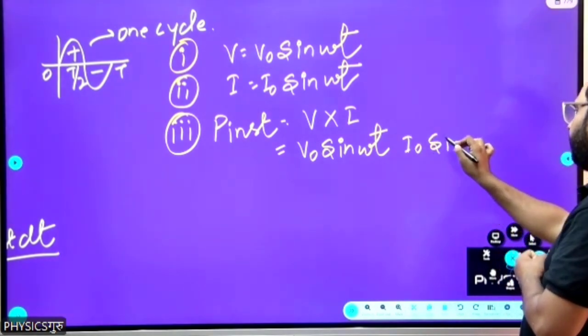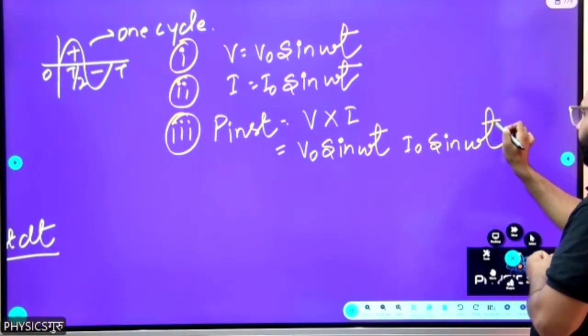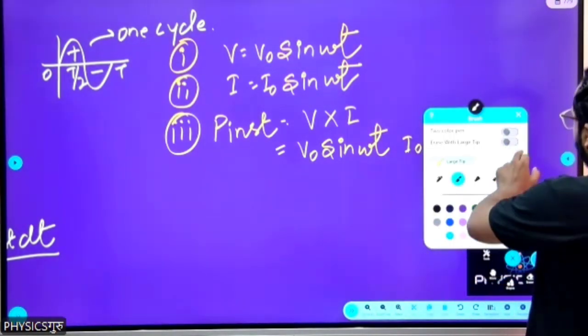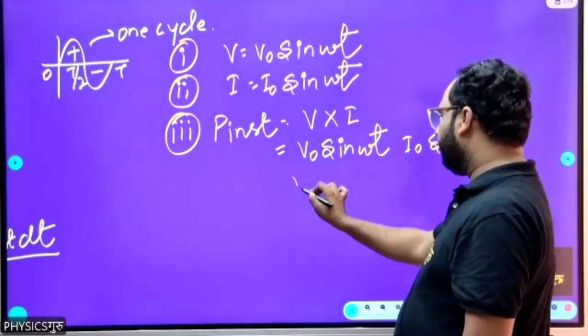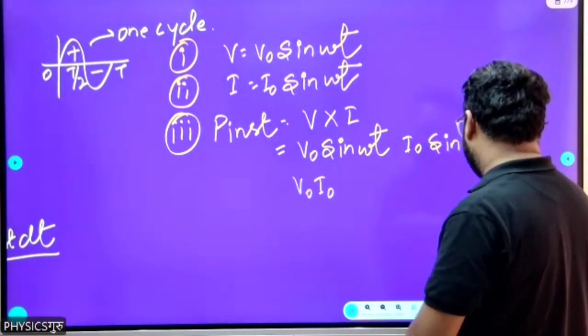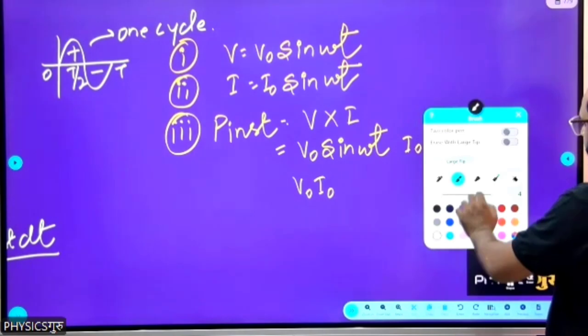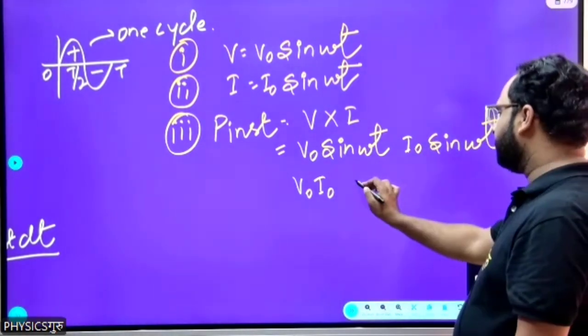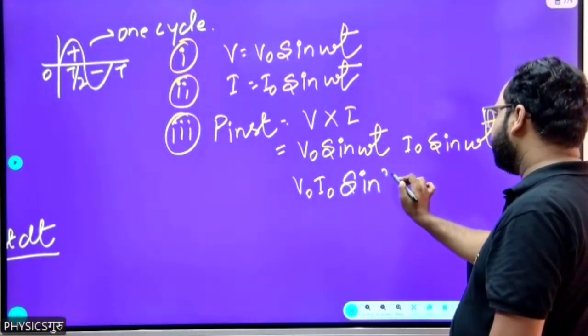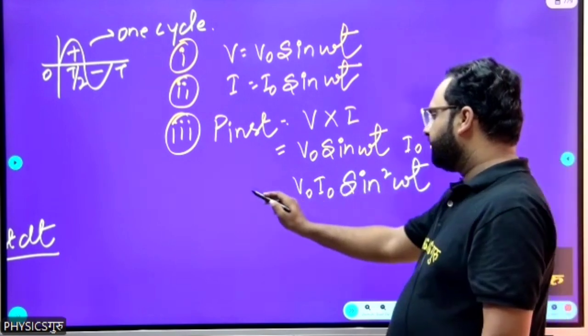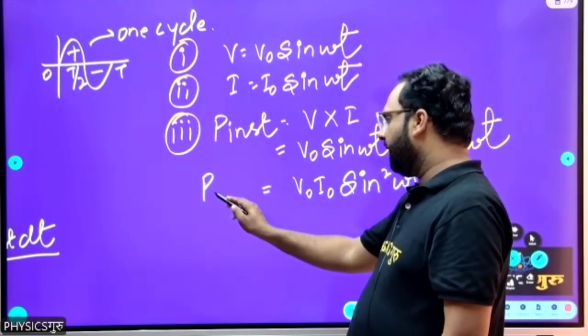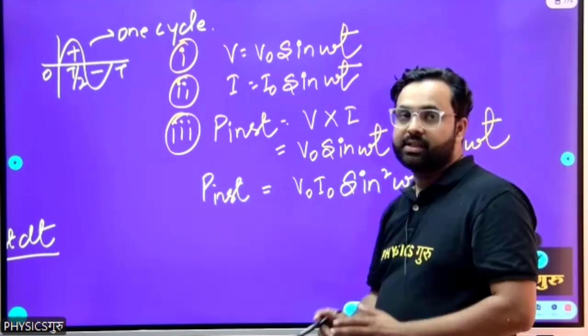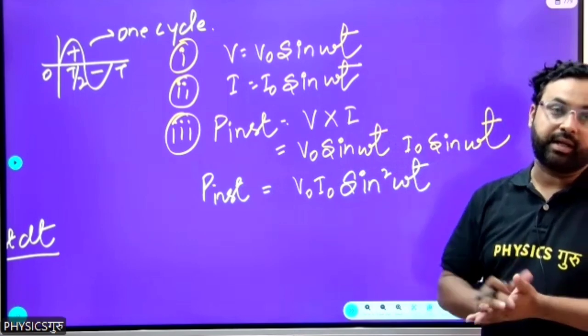I naught sine of omega t. Now this V naught I naught, and we have to multiply sine omega t with sine omega t, which is nothing but sine square omega t. So this is the value for instantaneous power. So instantaneous power is nothing but V naught I naught sine square omega t.